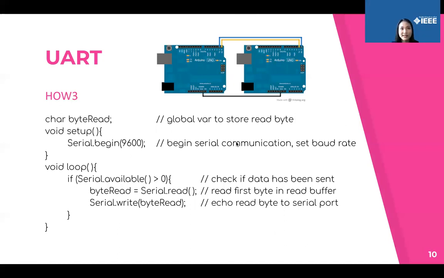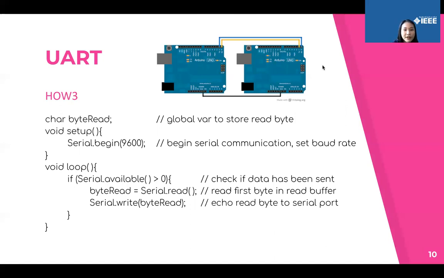And here's a quick example of what that might look like when you have two Arduinos talking to each other over TX and RX. If you can see over here, we have the RX of one Arduino connected to the TX of the other Arduino and TX to the RX. And then we have the common ground.